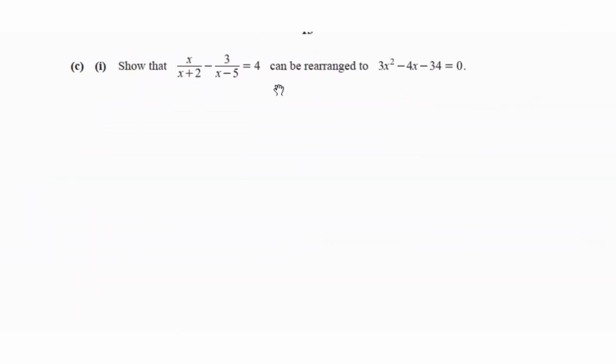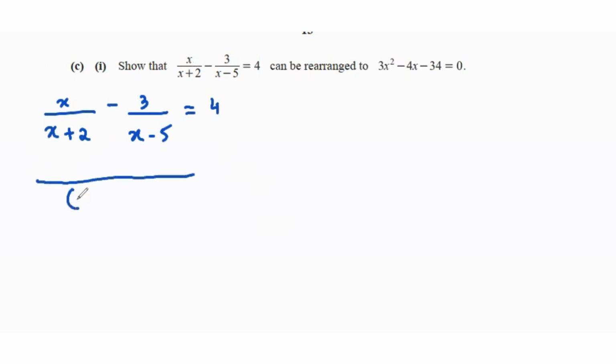Part C says show that x over x plus 2 minus 3 over x minus 5 equals 4 can be rearranged to 3x squared minus 4x minus 34. So we have x over x plus 2 minus 3 over x minus 5 equals 4. I'm going to multiply the first fraction by x minus 5 and the second fraction by x plus 2 to make the denominators equal.